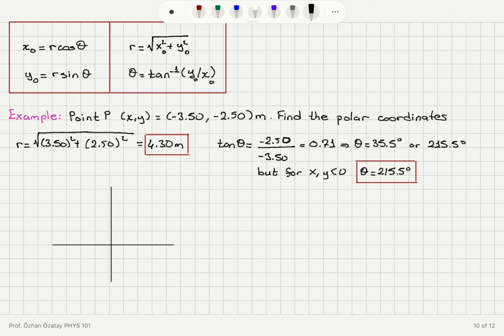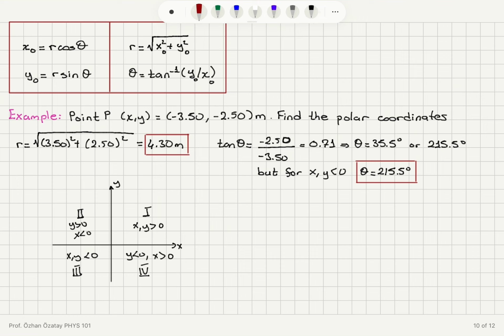let's check our quadrants here. This is the first quadrant, this is the second quadrant, third quadrant, and fourth quadrant. Here x and y are positive. Here y is positive, x is negative. Here x and y are both negative. And here we have y negative, x positive.